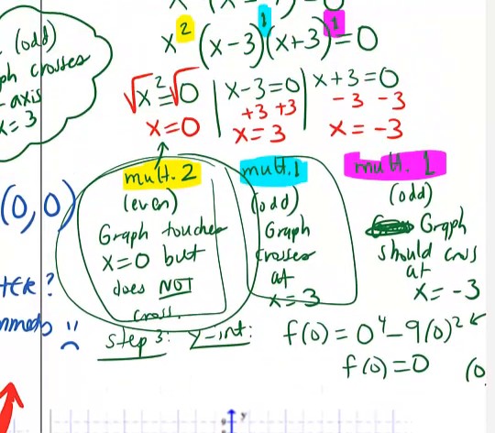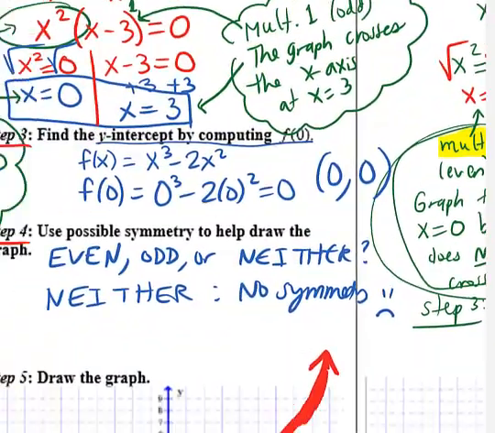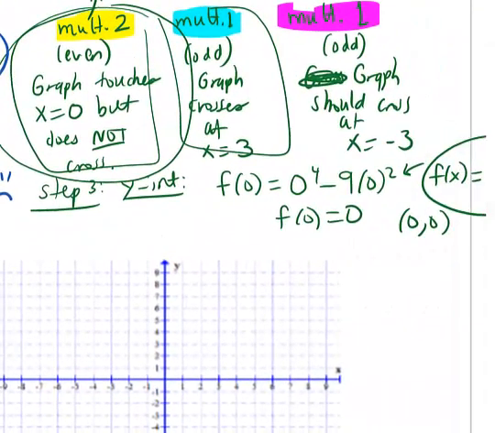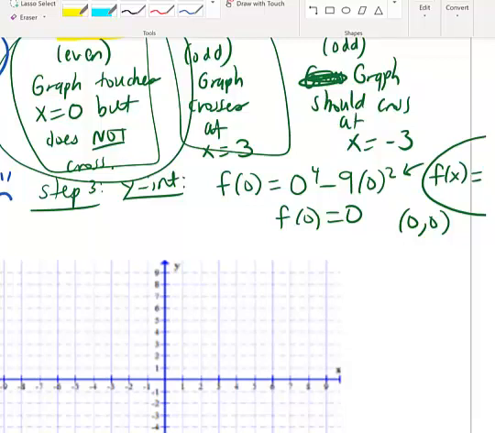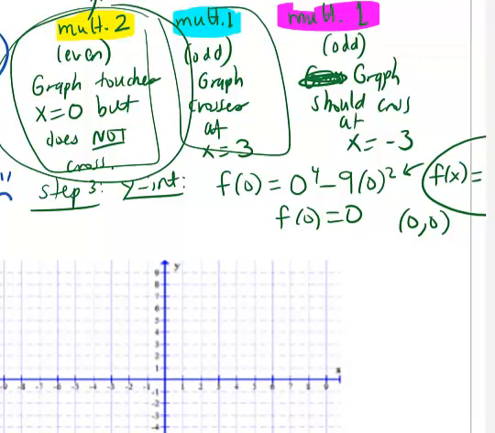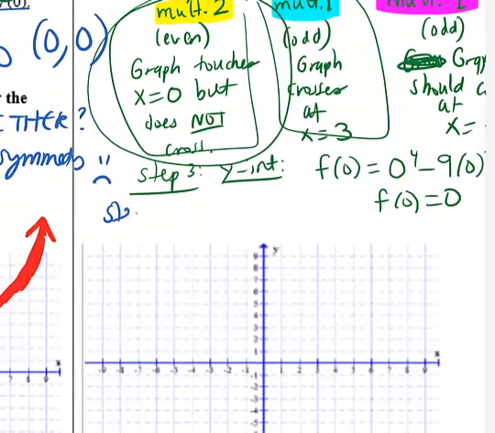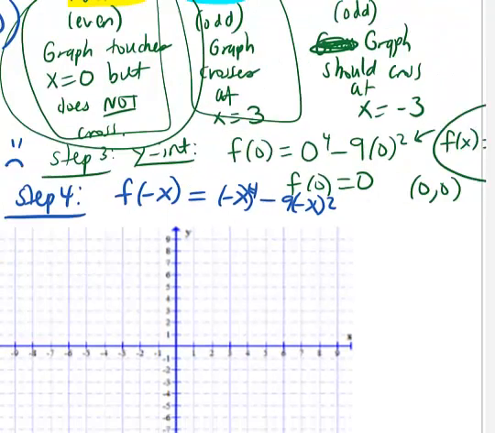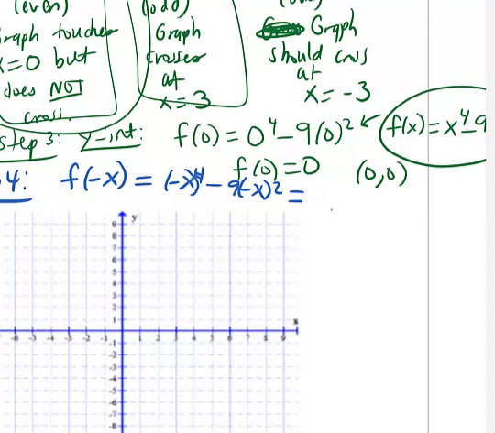And then what else? What are we trying to do next? I forgot. Step 4 was symmetry. This guy actually does have symmetry. It's an even function. Because if you substitute negative x in the function, you get negative x to the 4th minus 9 times negative x squared, which, those are both even powers, so they just swallow up negatives and make them disappear.